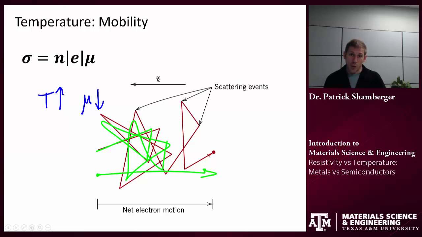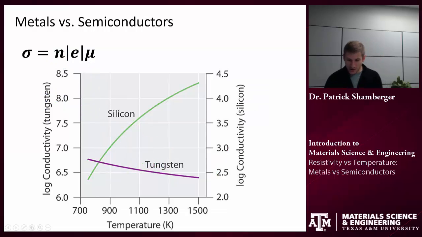This is going to affect both metals and semiconductors. Although remember, semiconductors are carrier starved, and so are not as dependent on mobility terms. In the other case, the metals have plenty of carriers. Their conductivity is more a function of changes in mobility.